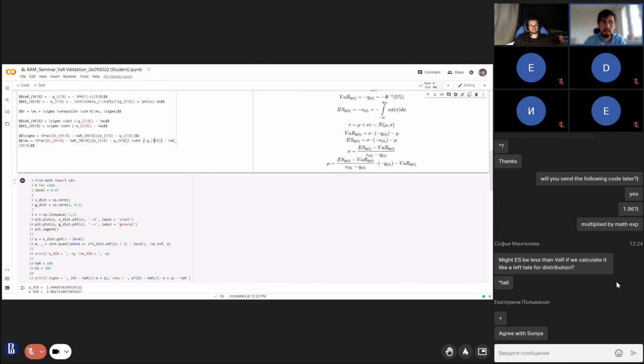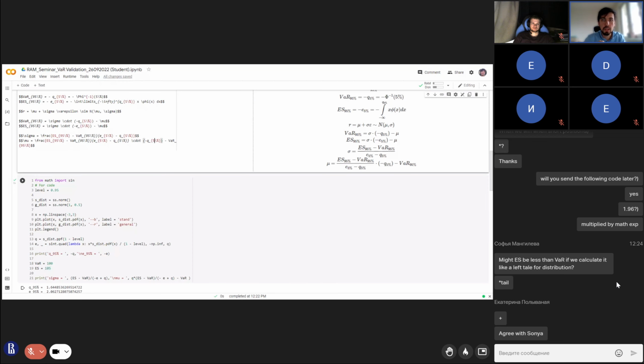Value at risk sets the boundary for typical losses, the losses that you cannot suffer with a certain degree of probability or confidence level. When you deal with expected shortfall, you calculate the conditional expectation in the region where losses are greater. Okay.